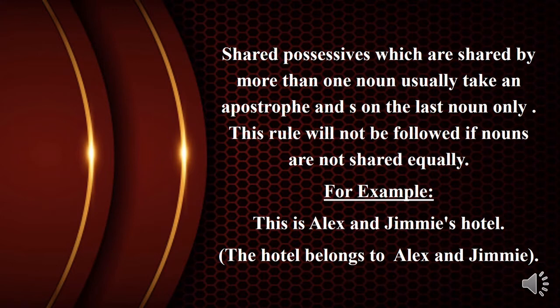Observe the following example here. This is Alex and Jimmy's hotel. As there are shared possessives of hotel and there are more than one noun, so we have used apostrophe and s after Jimmy, as the hotel belongs to Alex and Jimmy.